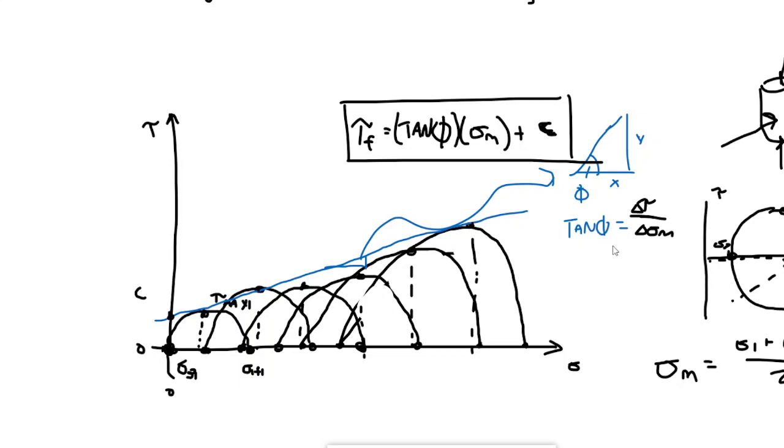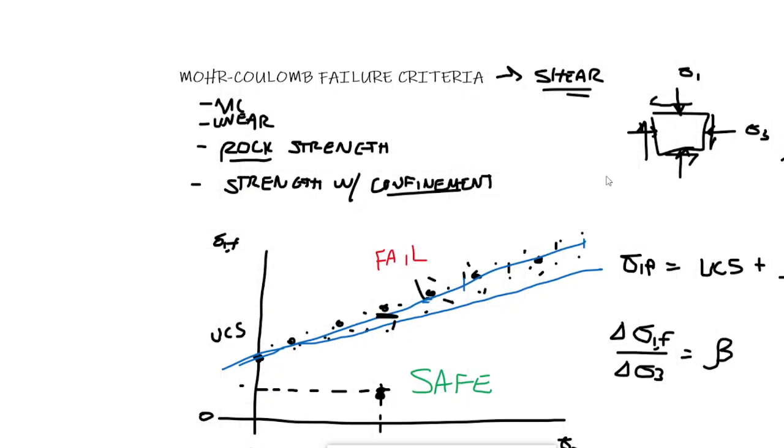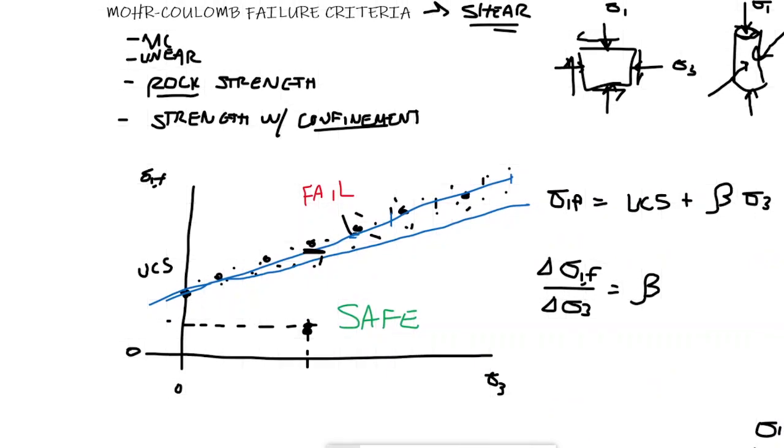As far as practicality goes, a key point to keep in mind, and maybe I'll circle this one more time: if you're looking for real practical stuff, this is rock strength. This is still kind of in the laboratory realm. This is not going to be translated super well into an in situ field environment where you've got so many unknowns. So you have to take all of these with that warning.